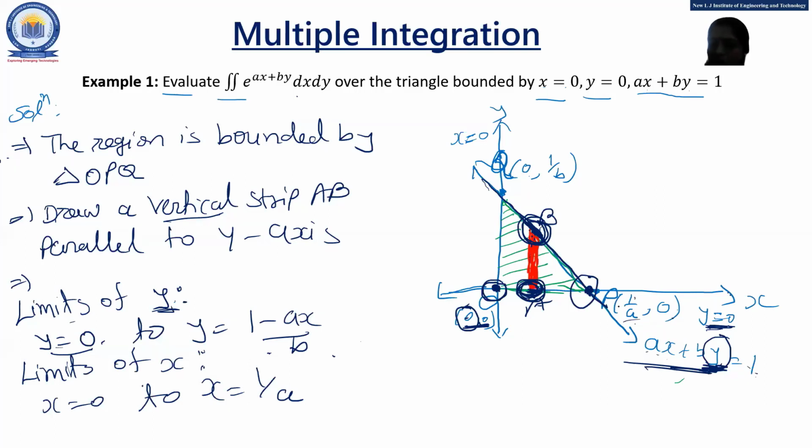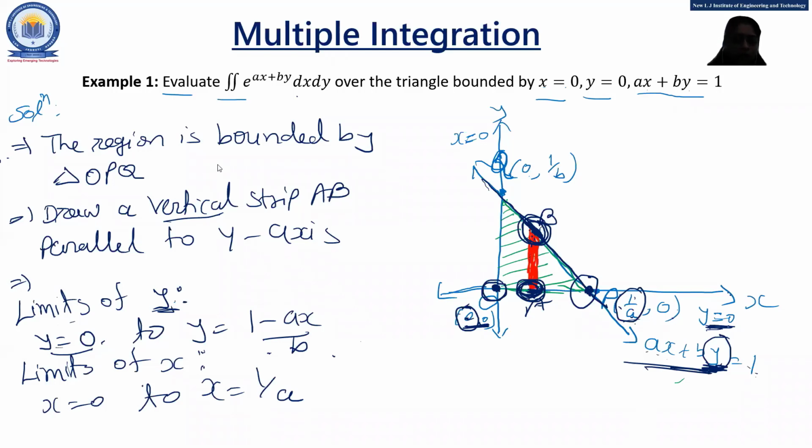It means the limit of x is 0 to 1/a. The leftmost point is 0 and the rightmost point is 1/a. Okay, got it? Okay, thank you.